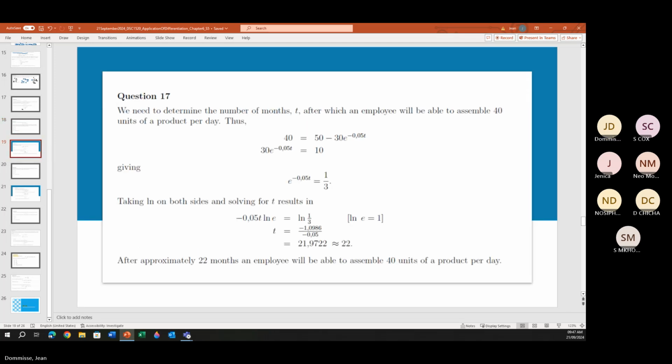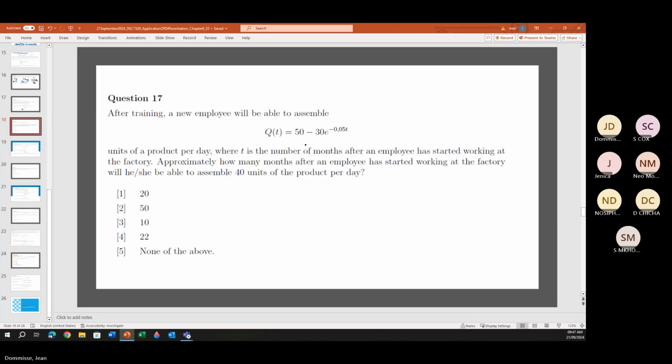But this is one where they want to catch you out. They tell us the quantity, that you need to be able to do 40.